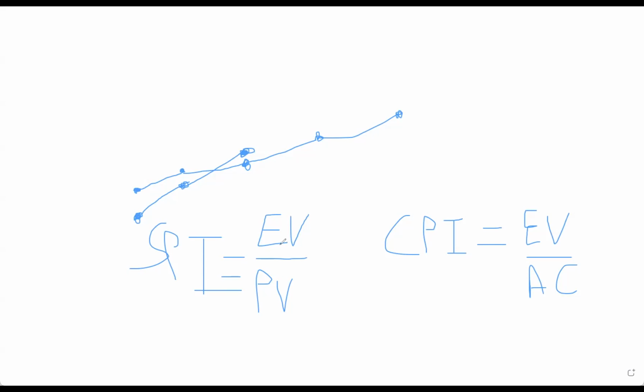So for example, if I'm earning, I don't know, $2, and I was planned to earn $1, then my index is 2. What does that mean? If I say I earned $2 divided by I was planned to earn $1, what's the answer? Well, SPI is 2.